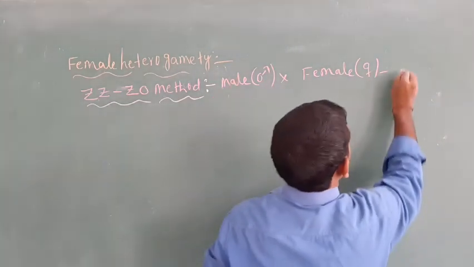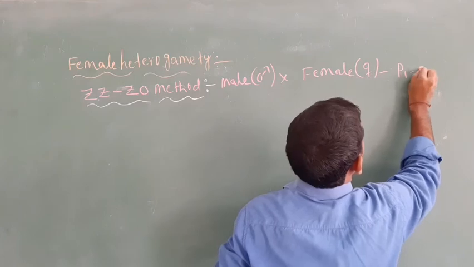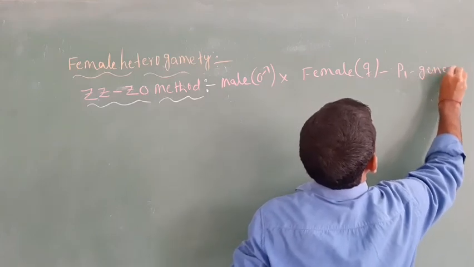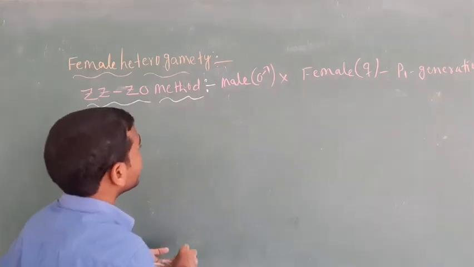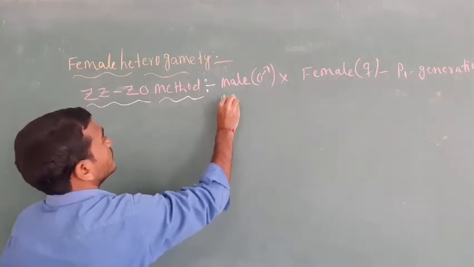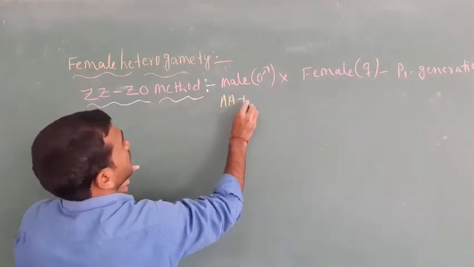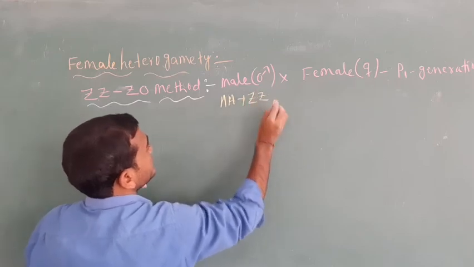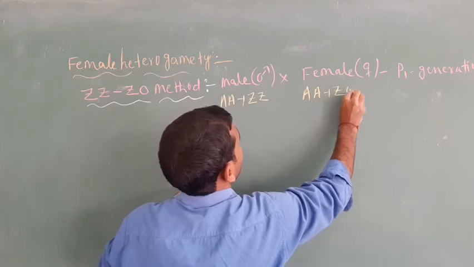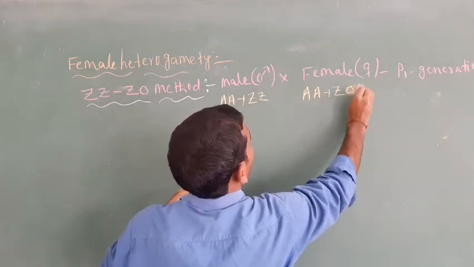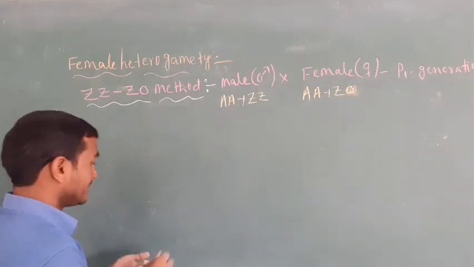This is the P1 generation. See, then after that autosomes plus ZZ, autosomes plus Z0, that is the P1 generation.